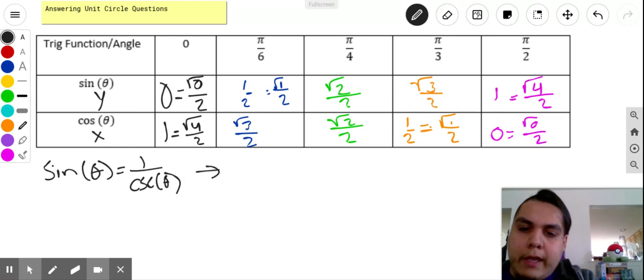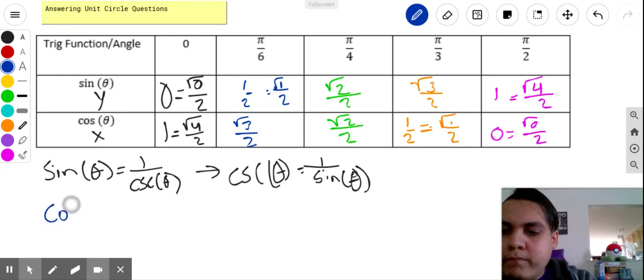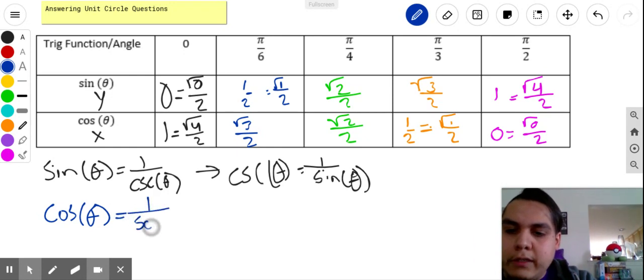I could also say that cosecant of theta is equal to 1 over sine, aka the reciprocal of sine. If I have cosine of theta, it would have to equal 1 over secant of theta.